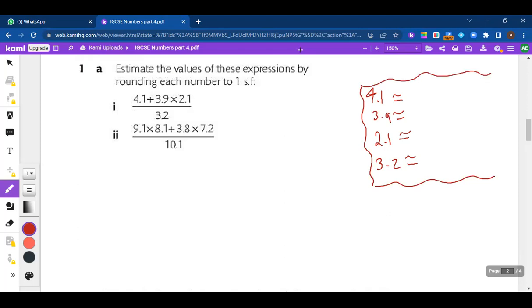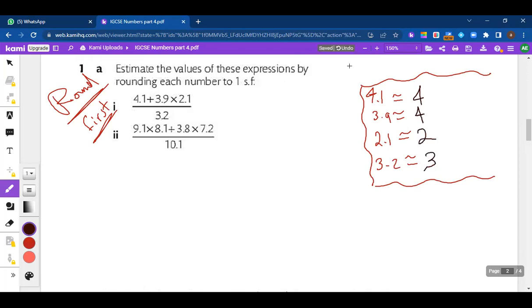You round first. Right here, round first or estimate first. Okay, with me, to one significant figure. 4.1, 4, 3.9, 4, 2.1, 2, 3.2.